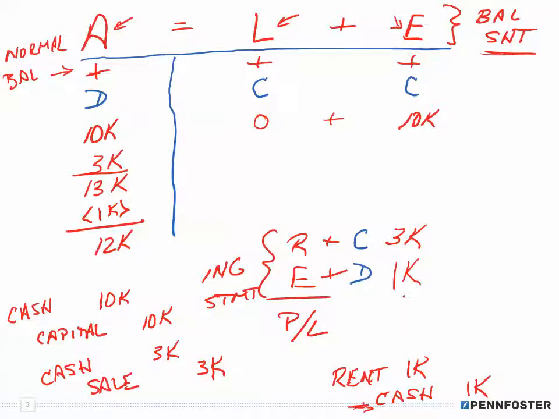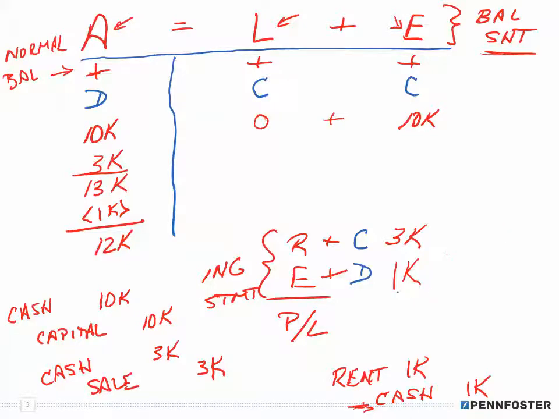We look and say, okay, do we have to make any correcting entries or any adjusting entries? And if we do, we make them, and then we produce an adjusted trial balance, right? And the adjusted trial balance is what we use in order to create our financial statements.